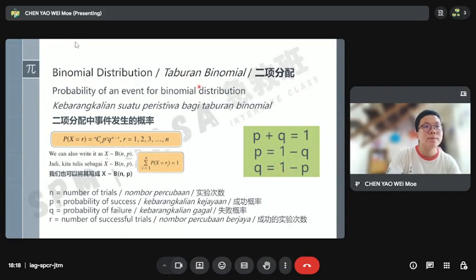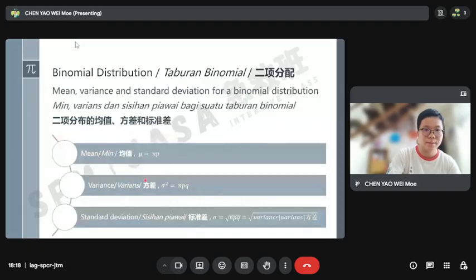And we can use the binomial distribution to determine the mean, variance, and standard deviation.